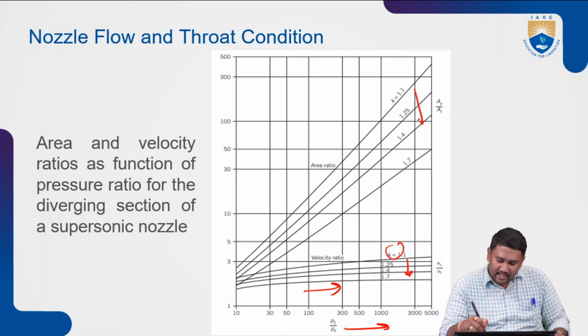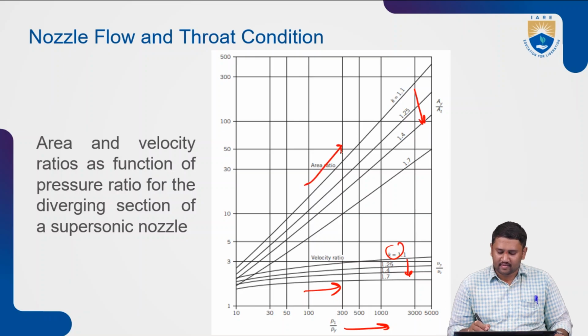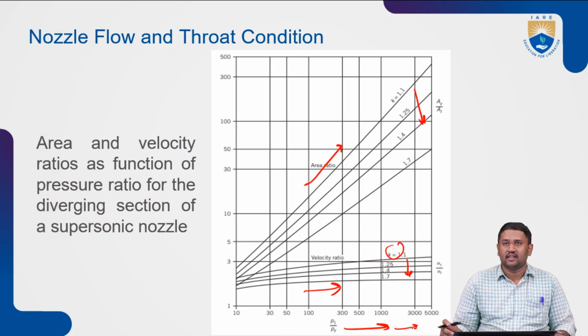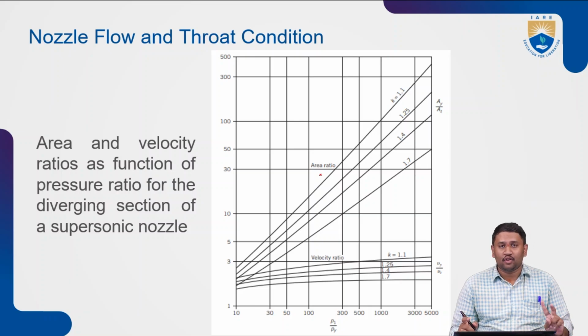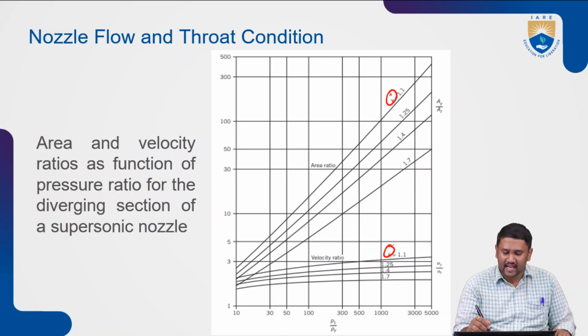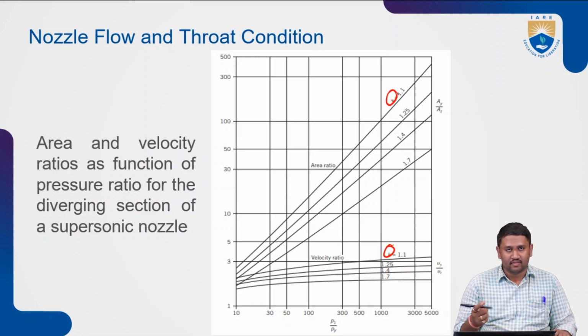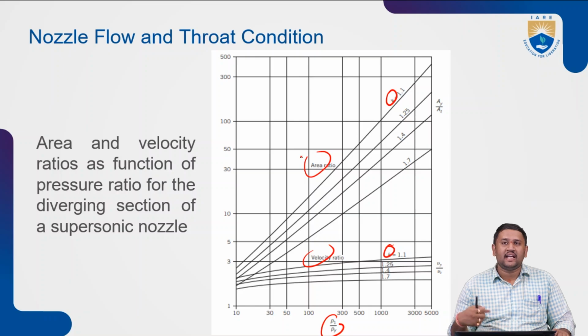Similarly, for lesser values of k, the area ratio increases as the pressure ratio increases, right? A correlation among these three terms can be used to determine any one or two unknown variables with any one known variable. Particularly with the known value of k and the known value of pressure ratio or velocity ratio or area ratio, we can determine any one of the others, right?